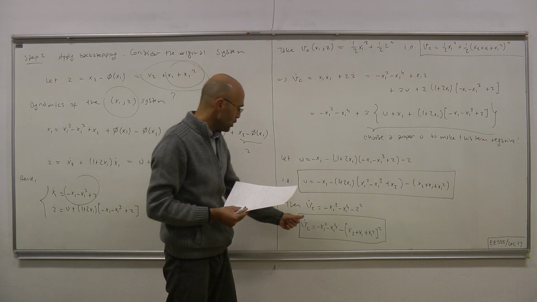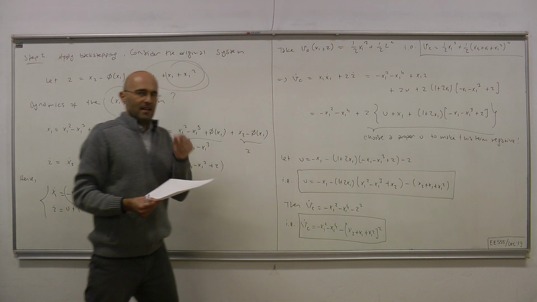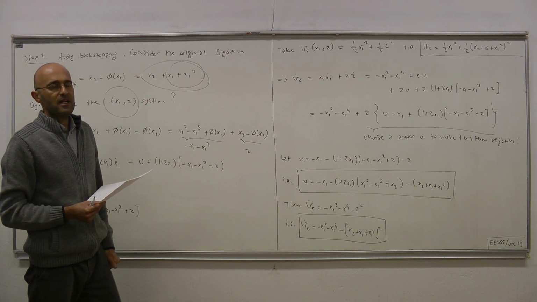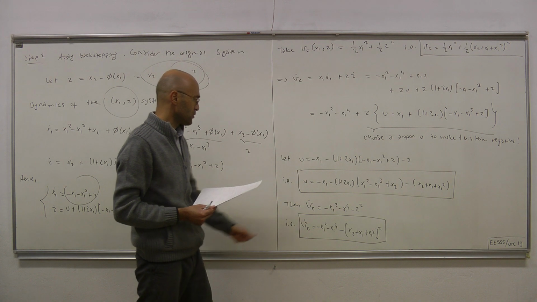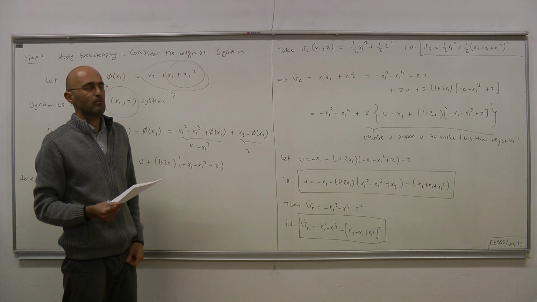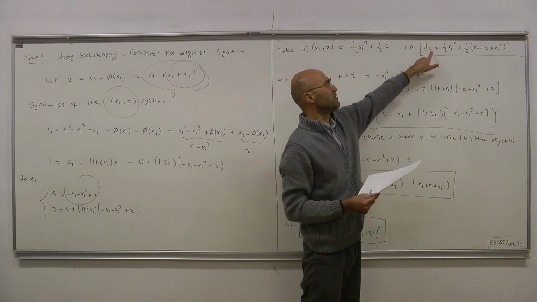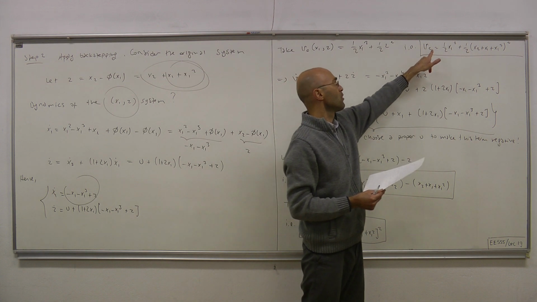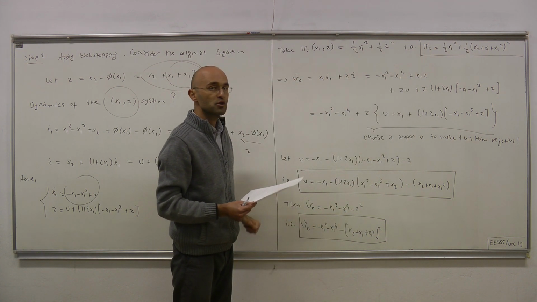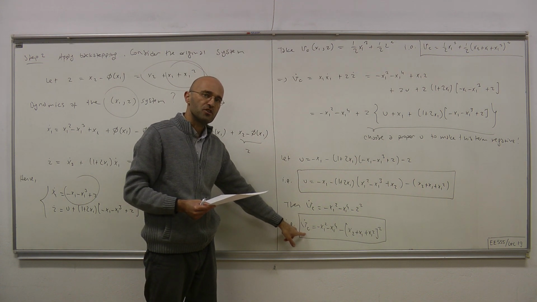If you choose u as this expression, which is our feedback law, then the origin of the closed loop system is asymptotically stable. We can establish that using this Lyapunov function, which is positive definite, and if you compute its time derivative along the solutions of the closed loop system, you obtain Vc dot, which is negative definite.